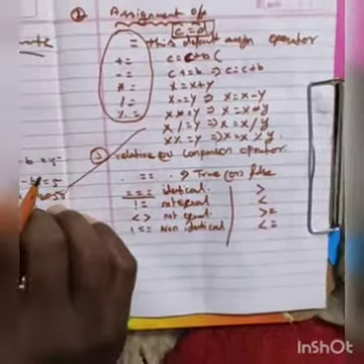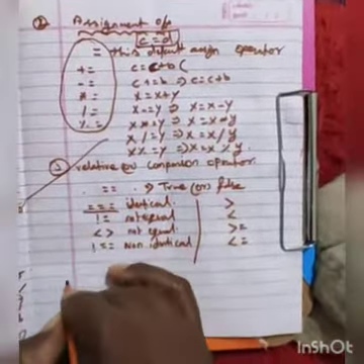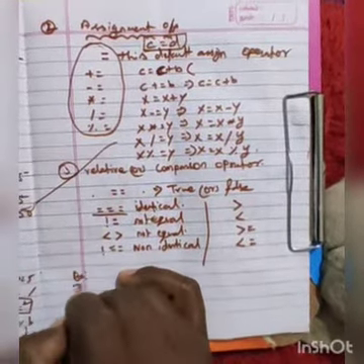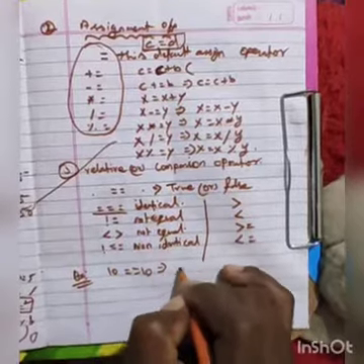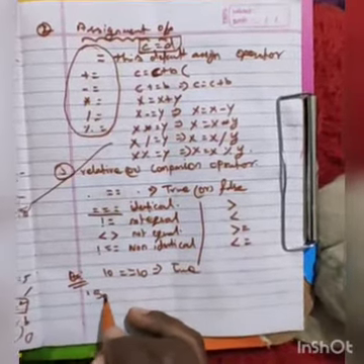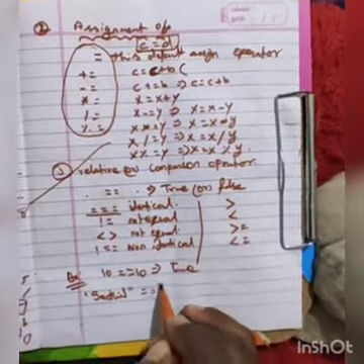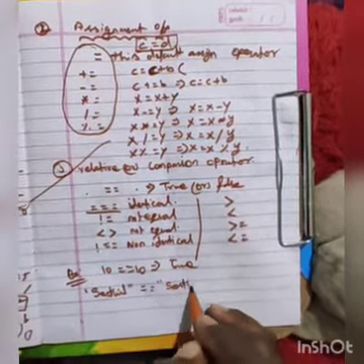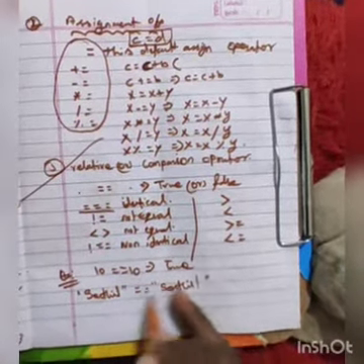For example, 10 equal to 10: the condition is true, so true will be the answer. For example, in double quotation marks, Sendil equal Sendil. This is a string you can compare.